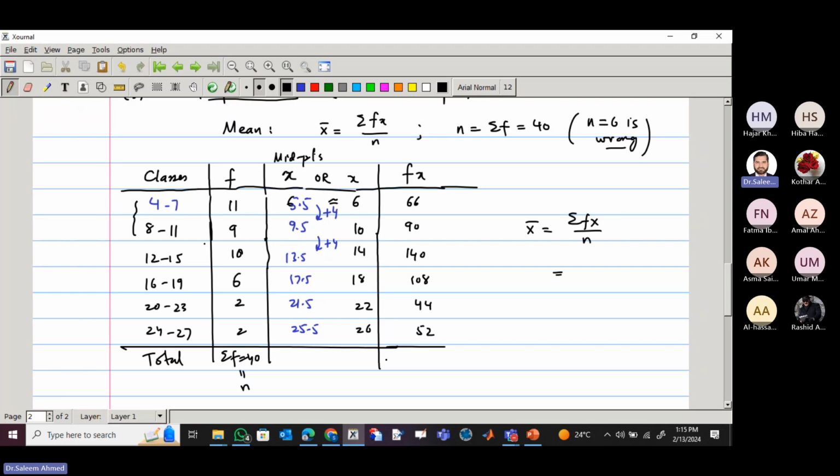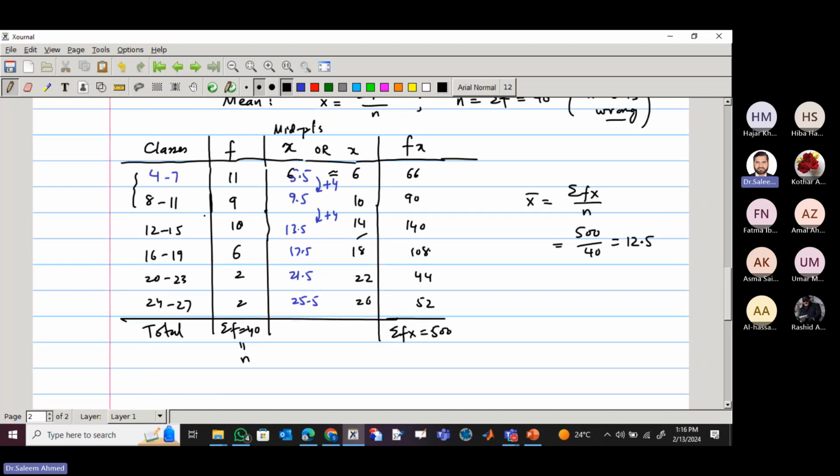And the sum of fx is 66 plus 90 plus 140 plus 108 plus 44 plus 52. So this is 500, that's a little strange. 500 by 40 gives you 12.5 as the mean. Okay, so that's how you can find the mean.